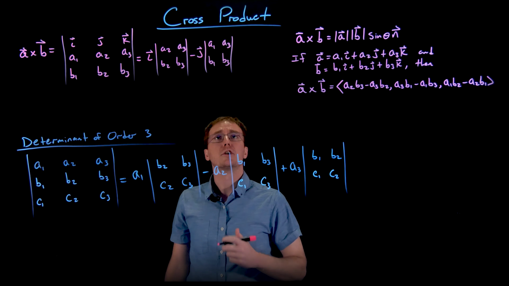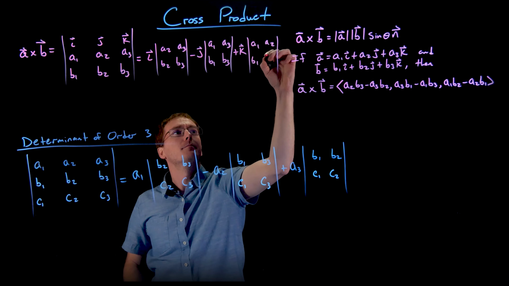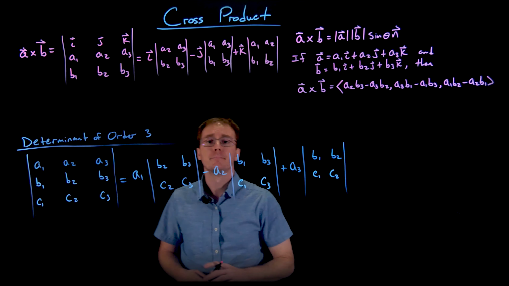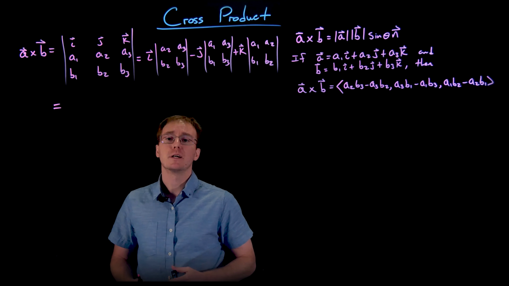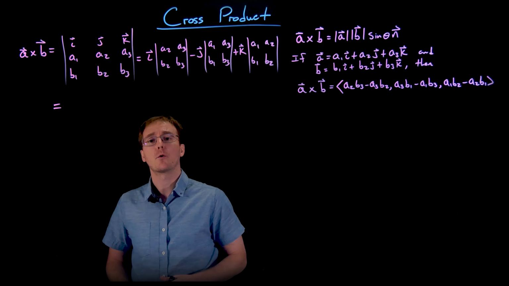And to get our third and final piece, we have to do k, or a3 in this general setup, multiplied by one more order 2 determinant. And that one's going to look like a1, a2, and b1, b2.